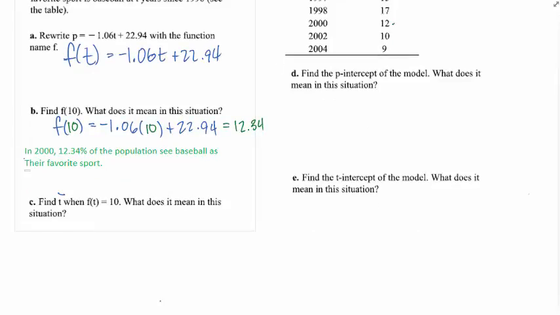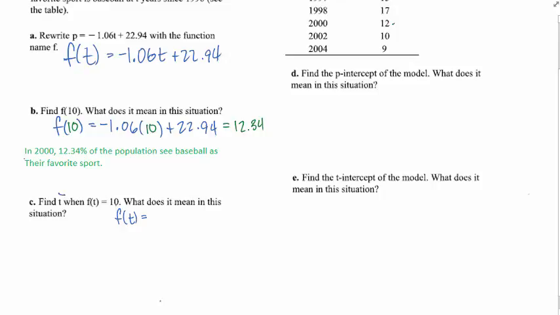Okay, now let's take a look at our next problem. Our next problem says find t when f of t is equal to 10. So this is a little bit different because our setup is going to look like this. f of t, it's not saying to put t in there, but this is supposed to be equal to 10.